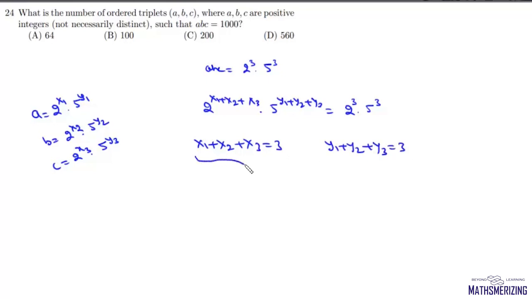Now we have to find the number of non-negative integral solutions. So the number of non-negative integral solutions is given by (3 plus 3 minus 1) C (3 minus 1), which is 5C2, and for this also it will be 5C2. So the number of such triplets will be 5C2 into 5C2, which is 10 into 10, and that is 100, and that's your option B.